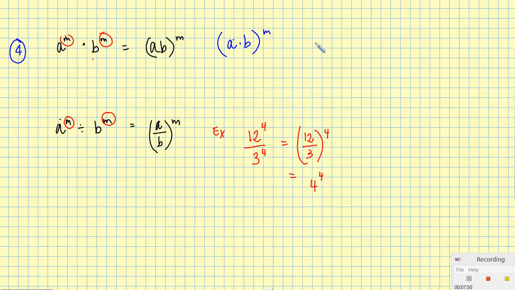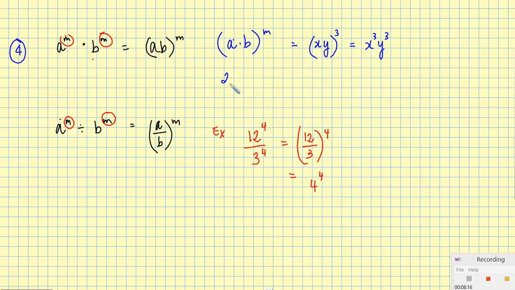So that if I had xy raised to the power of 3, for example, that means that every term inside the parentheses would be raised to the power of 3, so that this would go to x cubed, y cubed, as an example.